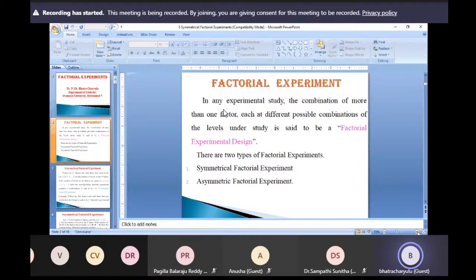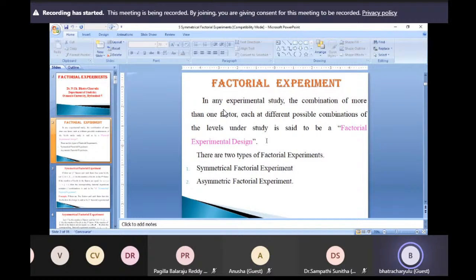Now the factorial experiment. In any experimental study, the combination of more than one factor, each at different possible combinations of the levels under study, is generally said to be a factorial experimental design. Let's suppose we are applying nitrogen, phosphorus and some potassium.